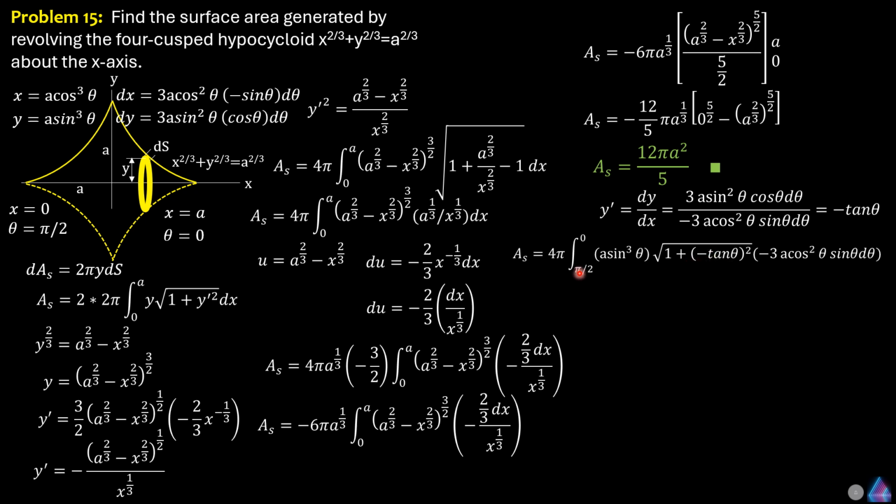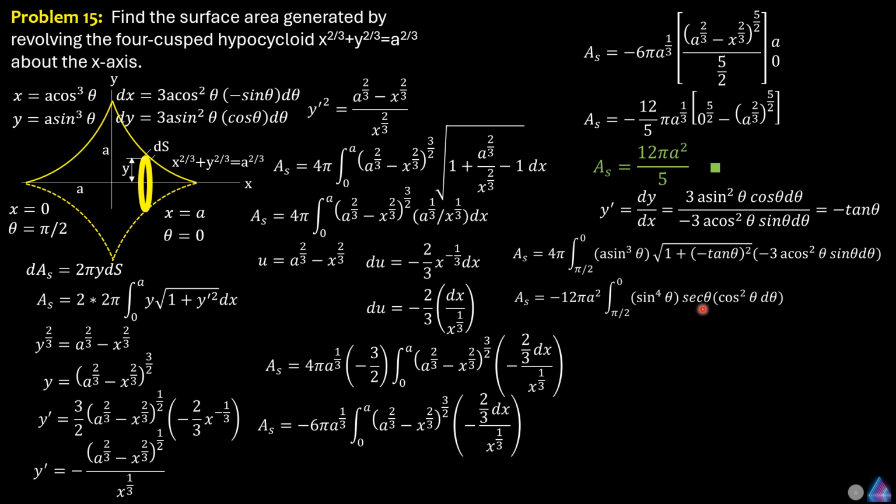We replace that. So we have 4 pi, a times a is a square, then times negative 3, so negative 12 pi a square, then integral from pi over 2 to 0 of sine to the fourth of theta, then this is secant theta, then times cosine square theta d theta. So area S is negative 12 pi a squared integral from pi over 2 to 0 of sine to the 4 theta secant theta cosine square theta d theta.